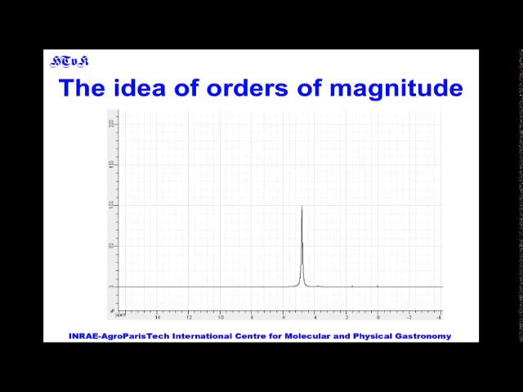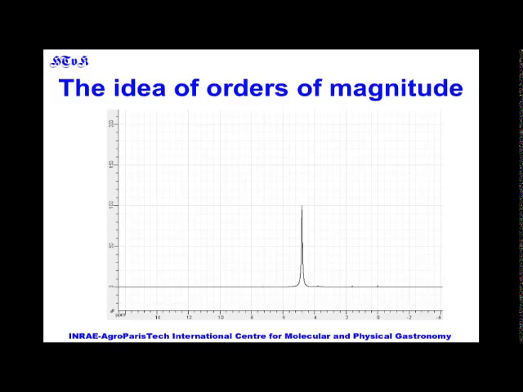I take a metaphor. This is a spectrum of coffee, an NMR spectrum, nuclear magnetic resonance, of coffee. We see one signal, and indeed, coffee is mostly water. So the first order of description is coffee is water.